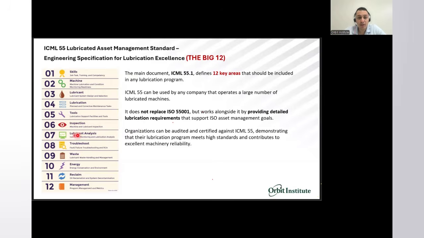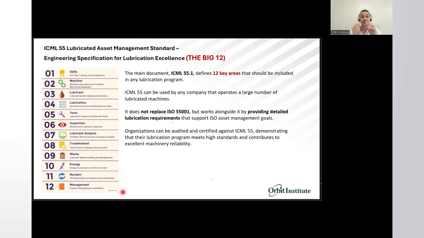Lubricant analysis, how can you do the oil analysis and the condition monitoring program trending and so on? Troubleshooting based on the analysis, how can you handle the wastes of lubricant and manage this? How can you take care of the energy conservation and environment? How can you reclaim the oil, the system documentation, and then the management of the program itself?